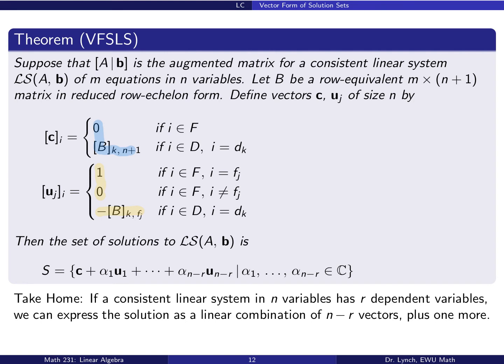And again, these sets F and D are the partition of column indices, respectively. So this is again a step toward making our process of solving a linear system of equations methodical. We can see how to put each solution into a vector form.